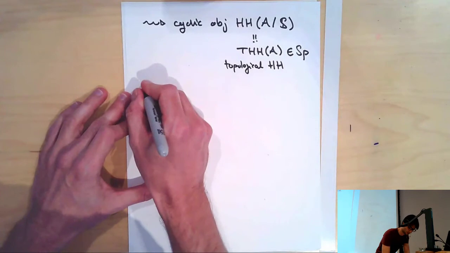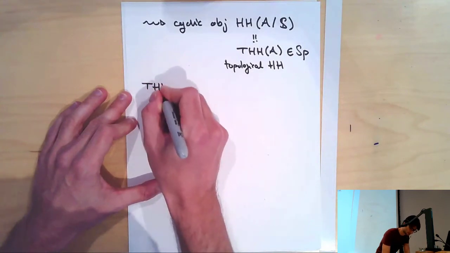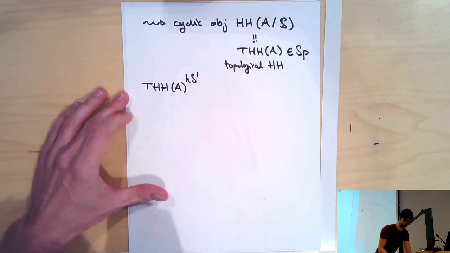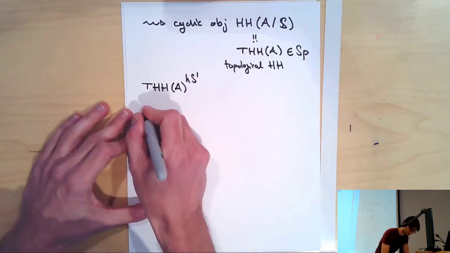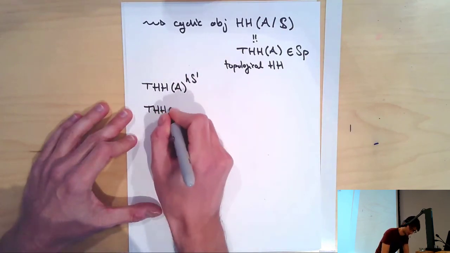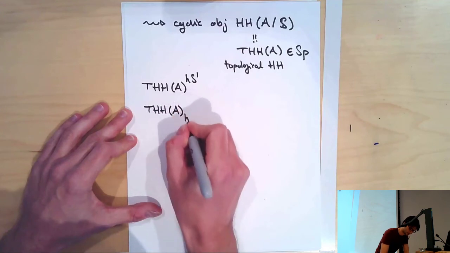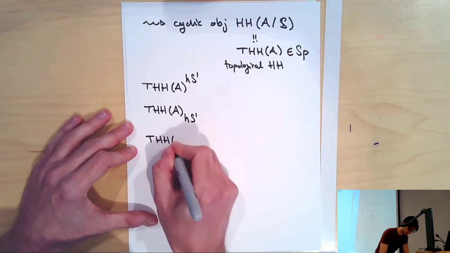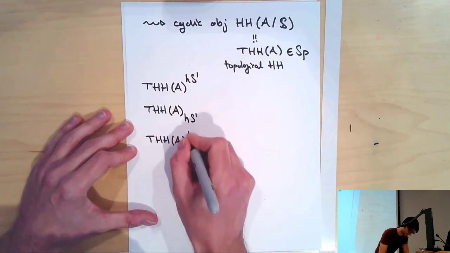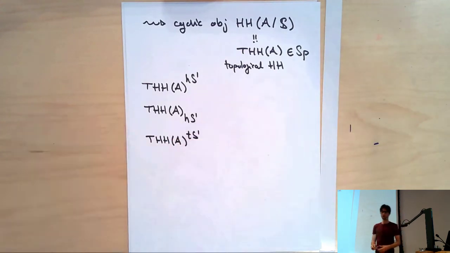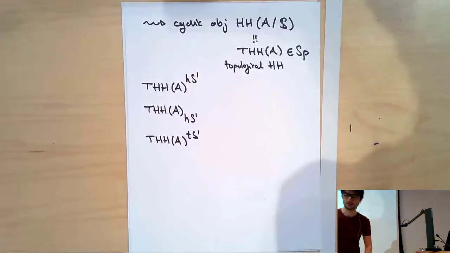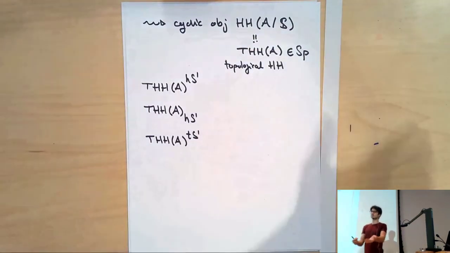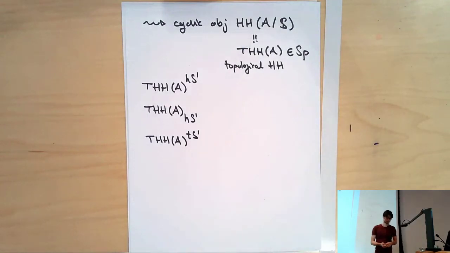So I can form THH of A, S1 cohomology, THH of A, S1 homology, and THH of A, Tate construction, where I construct these according to the fancier limit and colimit definitions of homology and cohomology. Those are the ones that continue to make sense in this degree of generality.